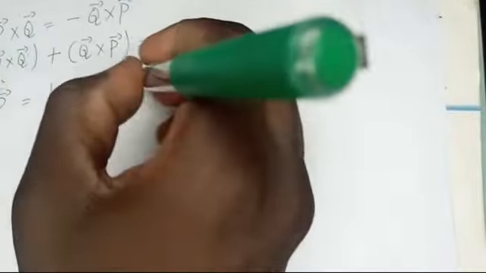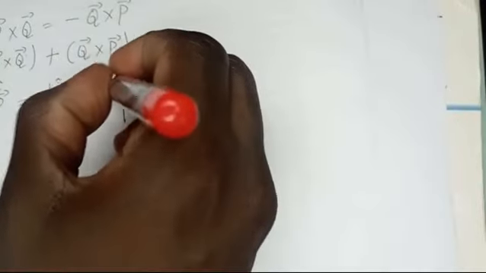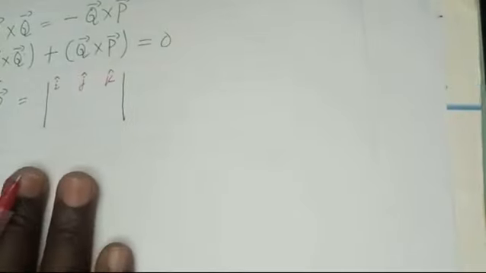The procedure is same as in P cross Q, only that you are going to write the values of Q first. So I'm going to write here i cap, here j cap, and here k cap.